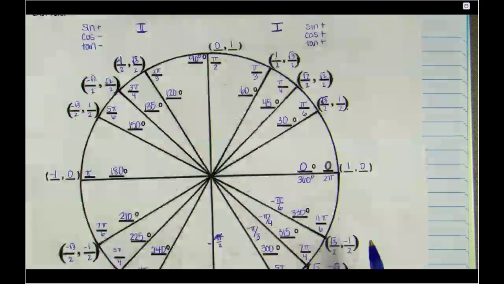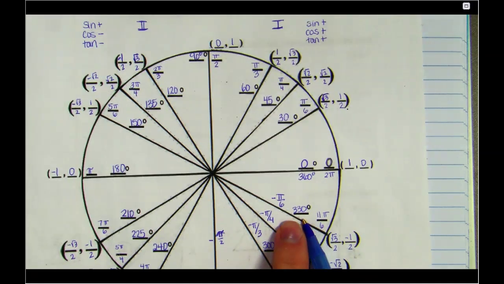Even if I wanted to do 330 and find 660, its coterminal angle would be on the chart. So we do not use double angle identities on the chart.